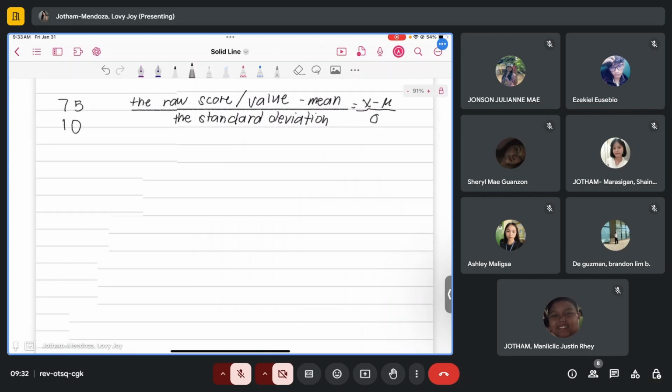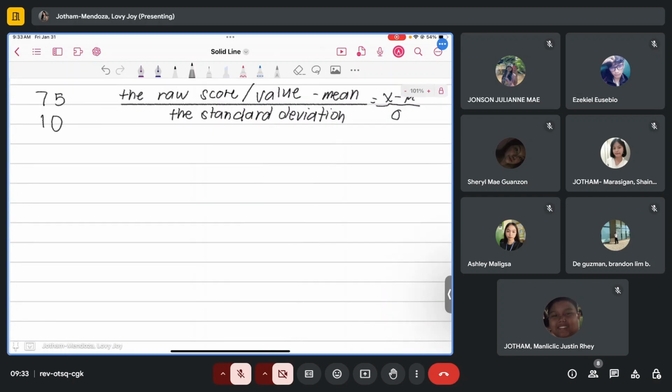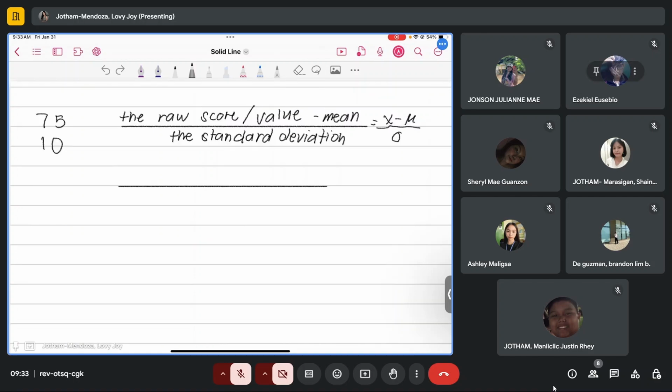So let's substitute: the raw score is 85, the mean is 75, and the standard deviation is 10.